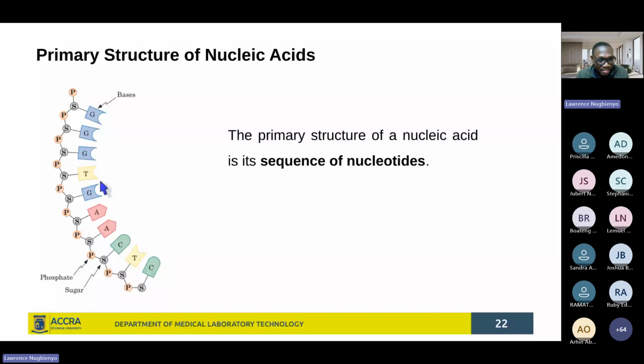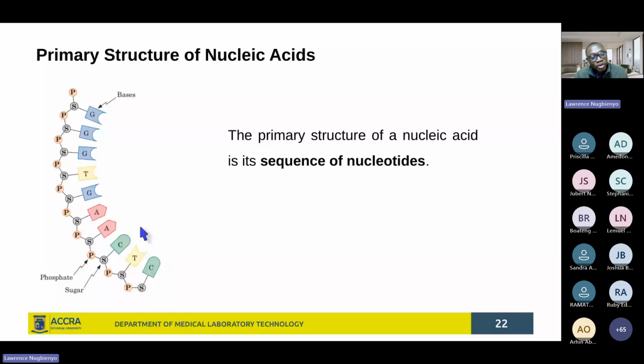So when you see T, it refers to thymine. When you see C, it refers to cytosine. Now here, you don't see uracil. That is because this is a fragment of DNA, a DNA strand. And in DNA strands, you don't find uracil. In its place, you have thymine. So that's why you don't see uracil here.